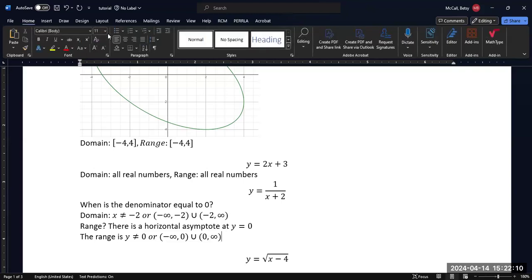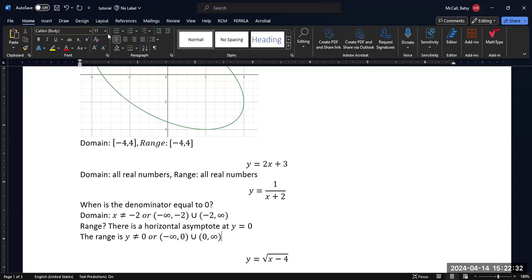Now, again, rational functions are very complicated. As you start putting more x's into your equation, it is possible that you will cross an asymptote. It may approach an asymptote on the outside, and then you may, in fact, cross it in the middle.